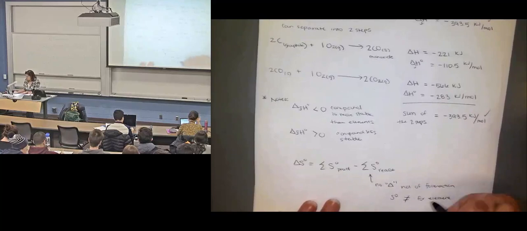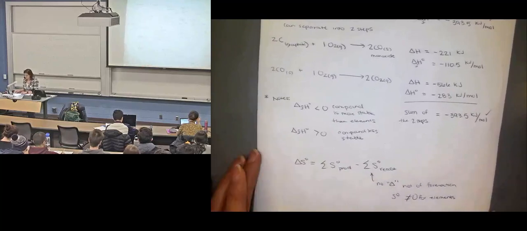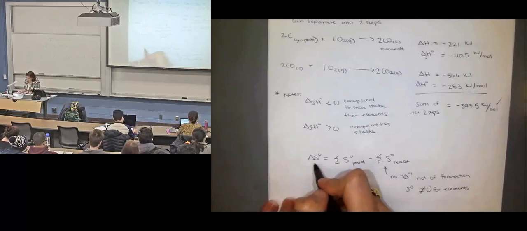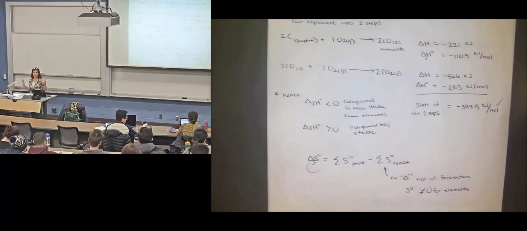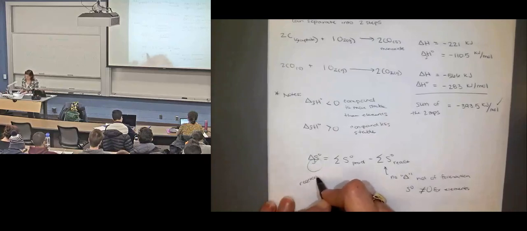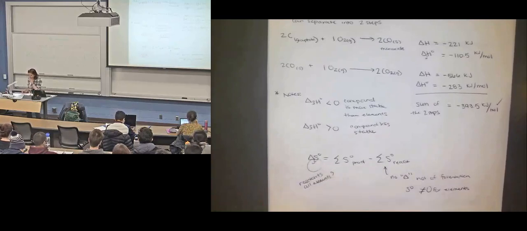It's not equal to 0 for anything. And this right here, it could be of formation or not. It depends on whether the reactants are all elements or not, okay? Whether or not you want that subscript there. If yes, it's of formation. If not, it's not.